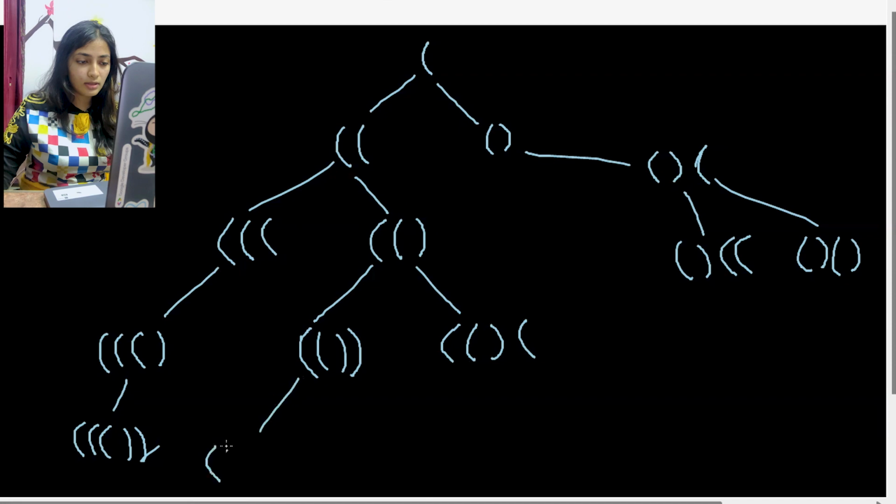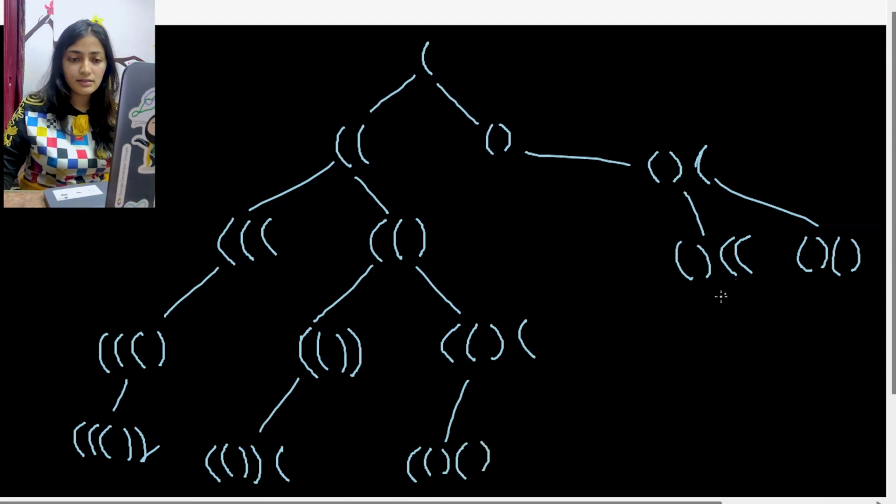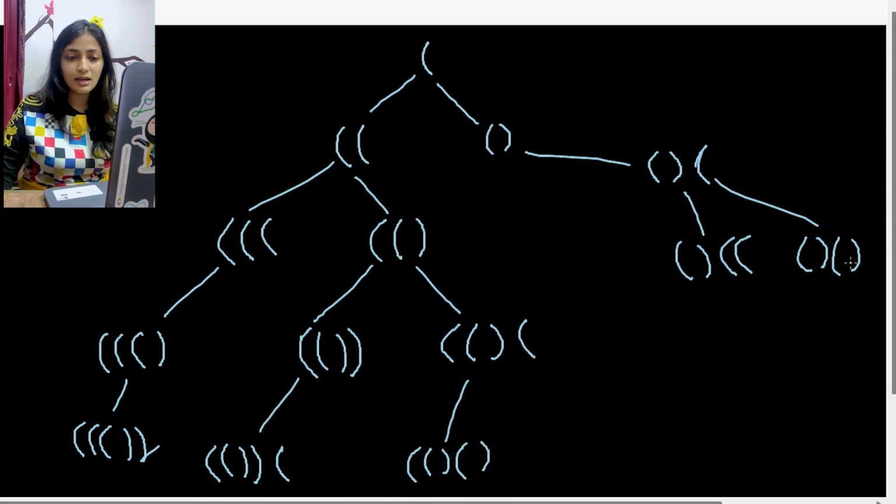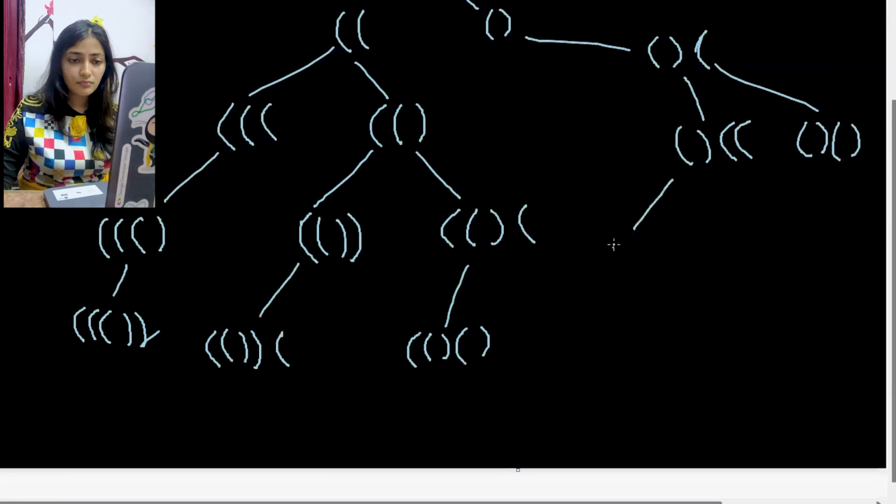And in this one your close and open count is equal, so your only option is to open the bracket. And in this one your option is to close the bracket because you have used all your open brackets. So that's how you are going to find all the sequences and solve this question. Now here in this you have used all your open brackets, so your only option is to close it.